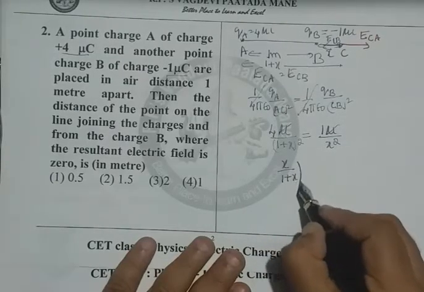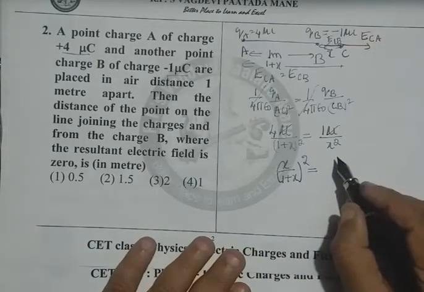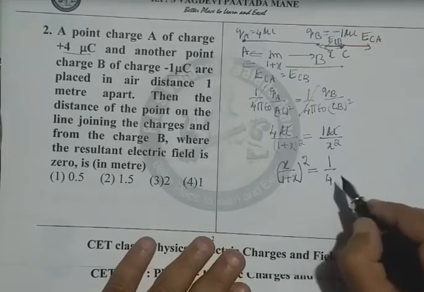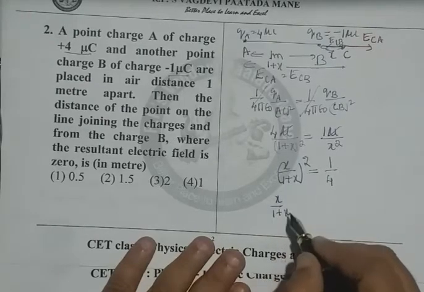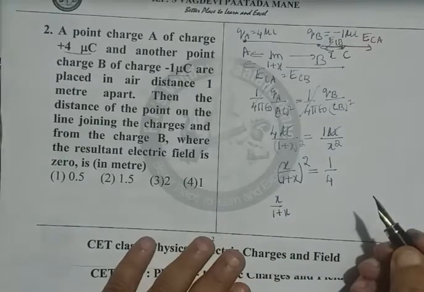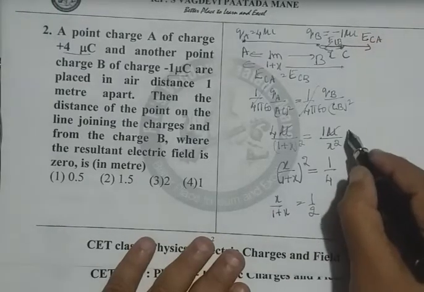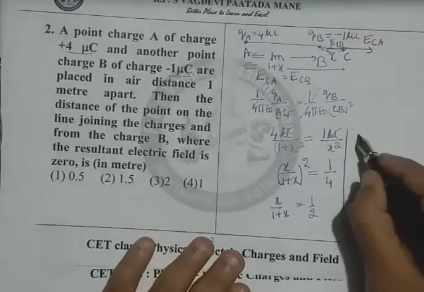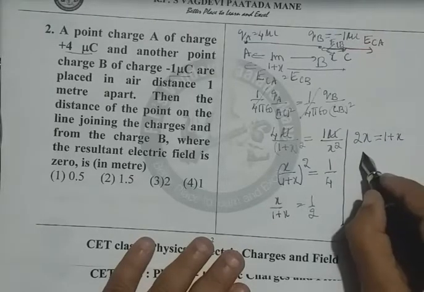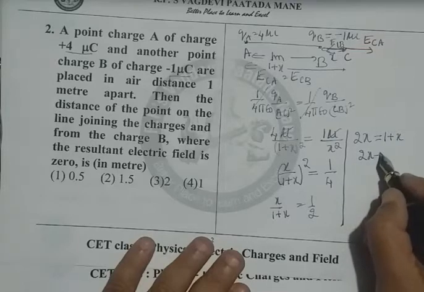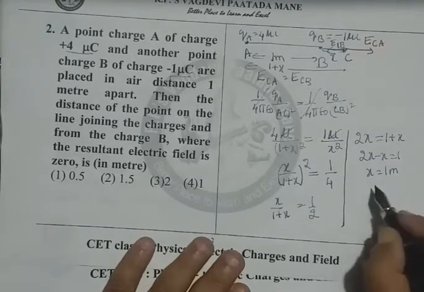x by 1 plus x the whole square equals 1 by 4. Taking square root, x by 1 plus x equals 1 by 2, or simply I can write 2x equals 1 plus x, or 2x minus x equals 1, or x equals 1 meter.